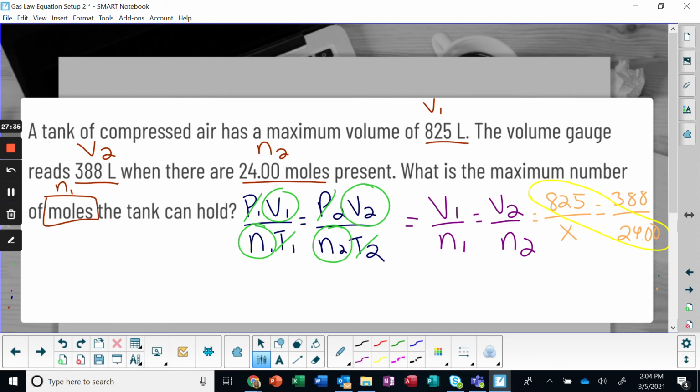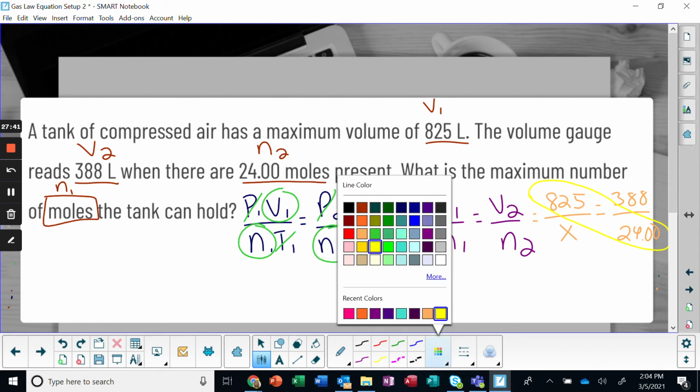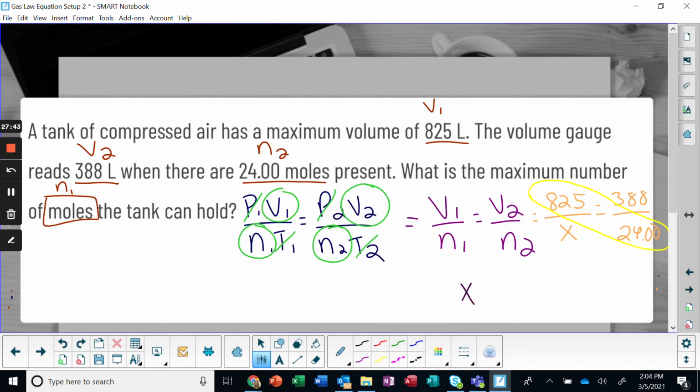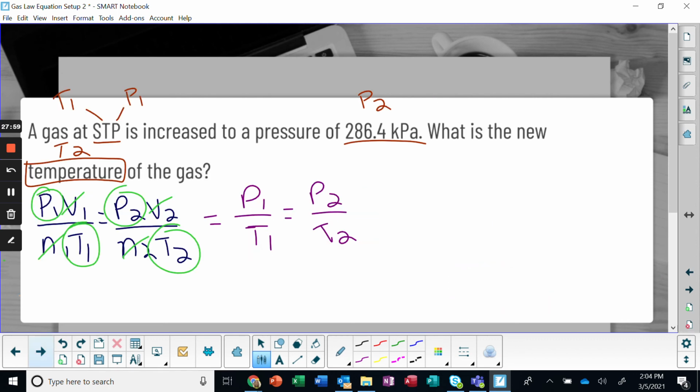So 825 times 24.00 divided by 388. We get that X equals 51.0 moles. Alright. Almost done.